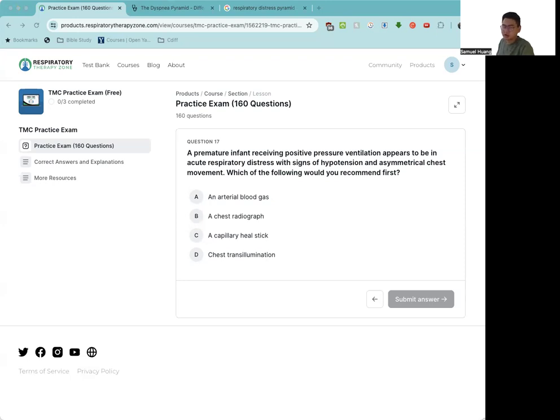Heel stick is kind of like the ABGs for infants. So if there's two choices that are ABGs, A and C, it's probably not the right answer. So it's just between B and D. All right. So transillumination can see if there's air inside the lungs.